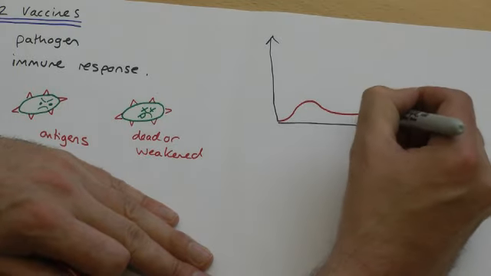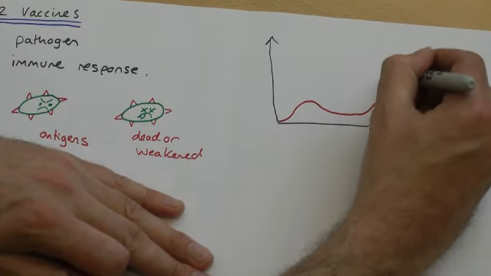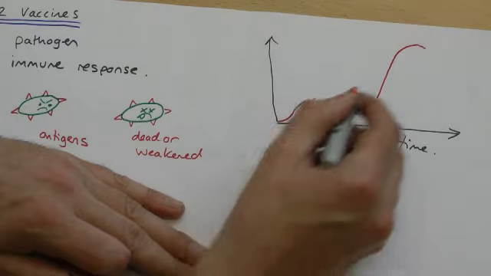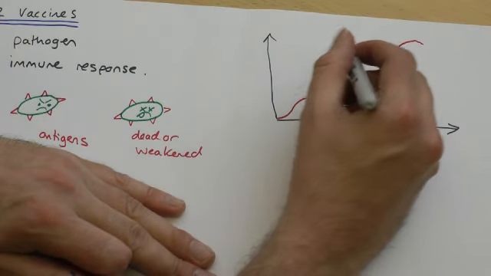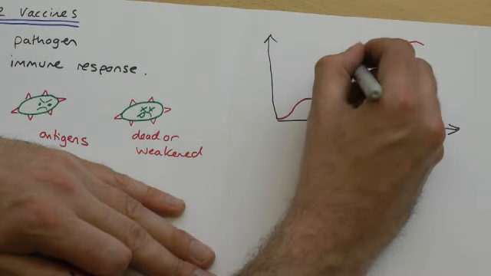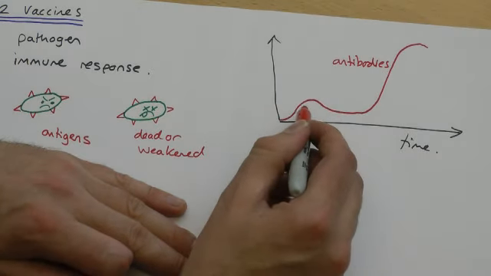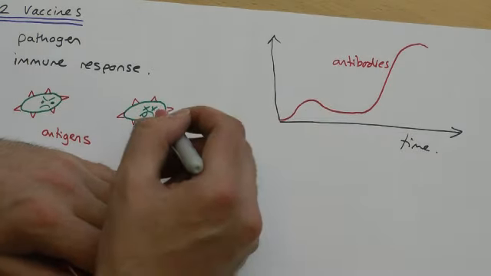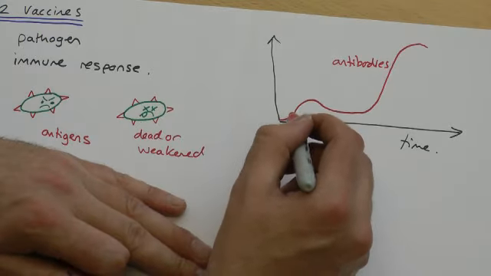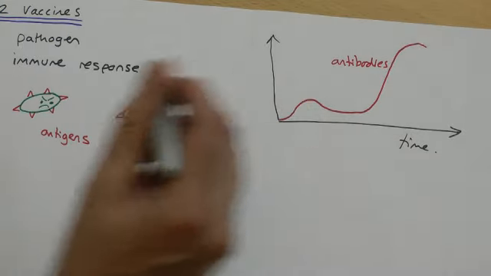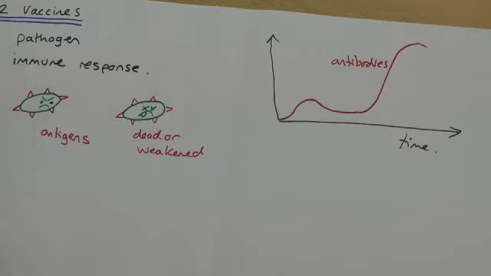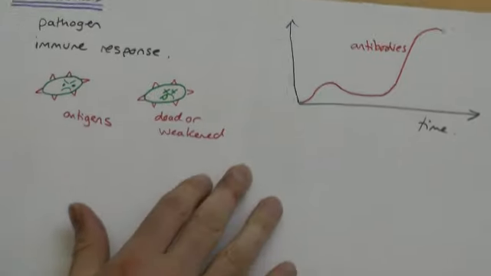So the next time you come across this disease or this pathogen, perhaps you catch it naturally, the memory cells jump straight into action and you get a huge number of antibodies made to fight off the infection. So by introducing this dead or weakened pathogen, you fool the body into making lots of the right types of white blood cells.